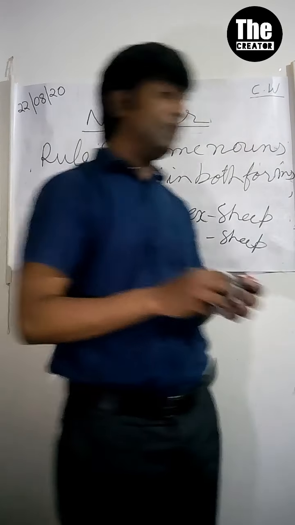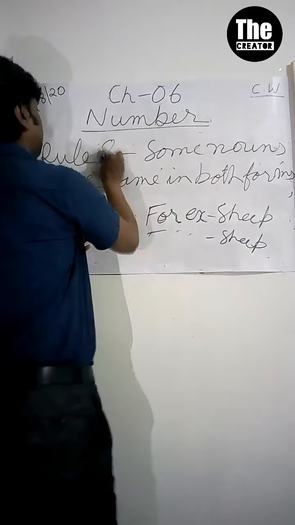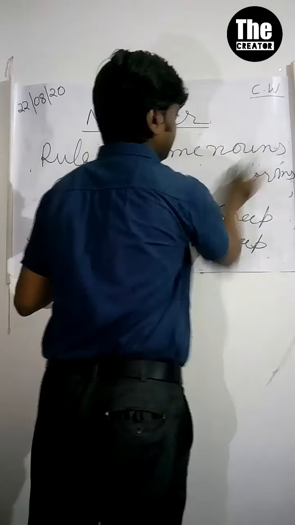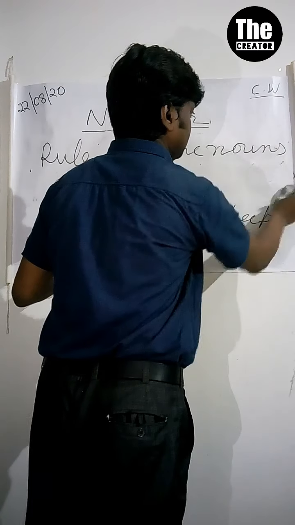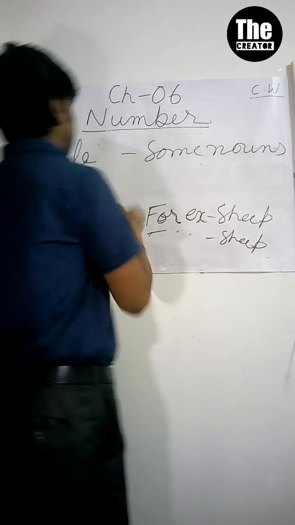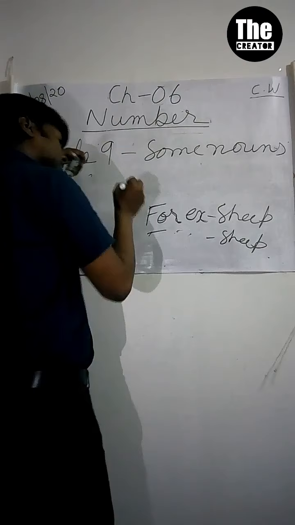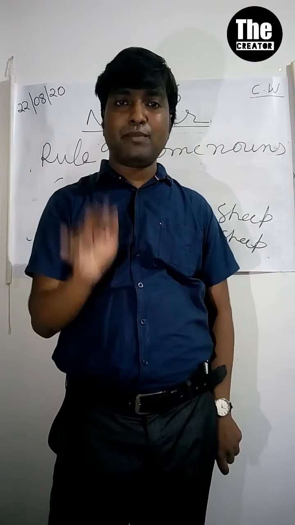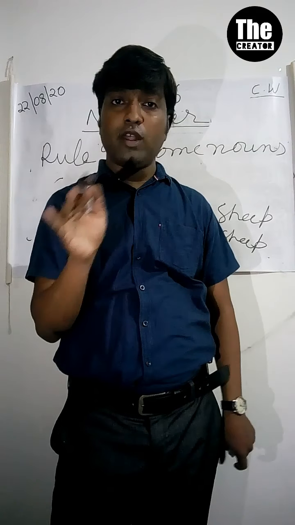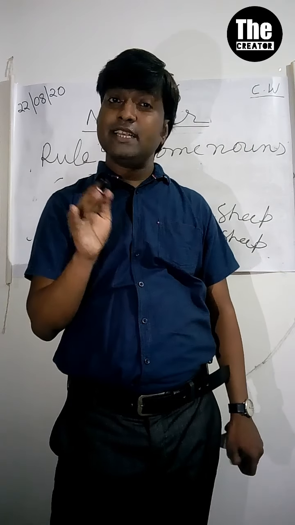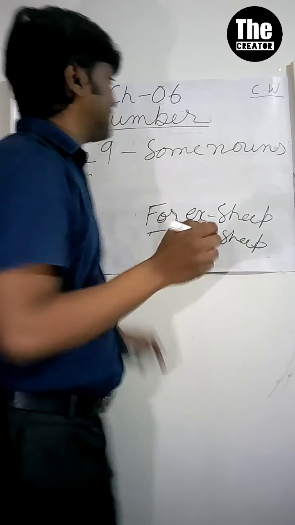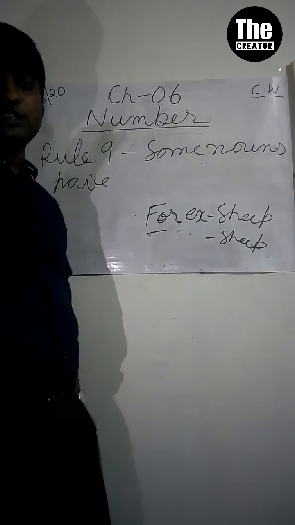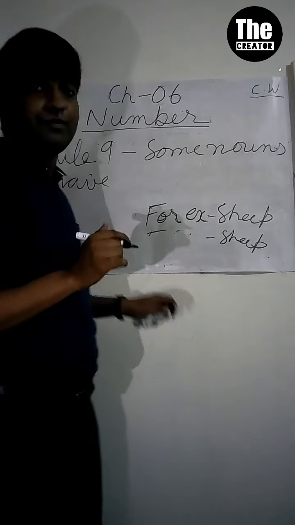Now let's quickly see rule number 9. So rule number 9 is, some nouns have a plural form but singular meaning.